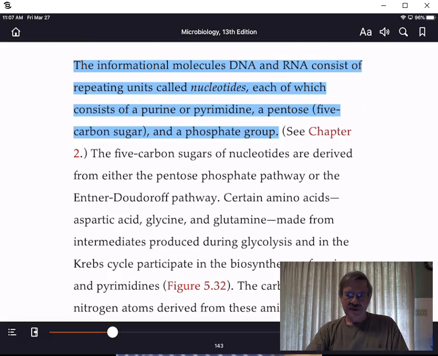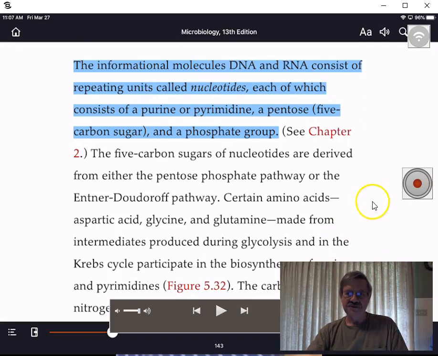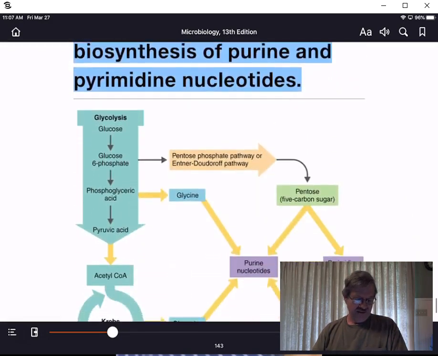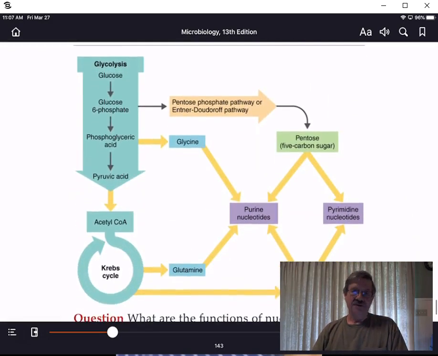And so it goes through the process here of how this is made and discusses that. And let's go down here and look at the diagram and notice again what's going to happen is we're going to have intermediates from the process of glycolysis that are going to be involved.